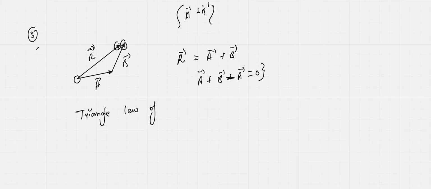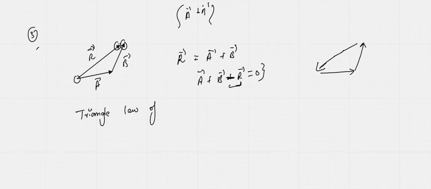If I take it randomly, what does this look like? You have one vector A like this, another vector is this. You know what R is right now: R is nothing but this. So what is the minus R I am adding? R was this, so minus R will become this.